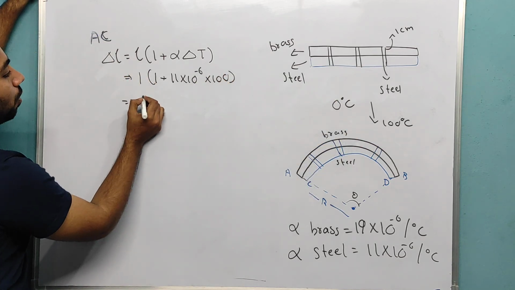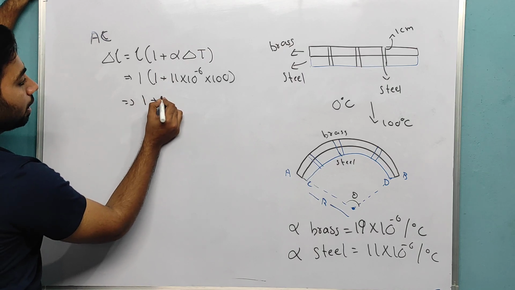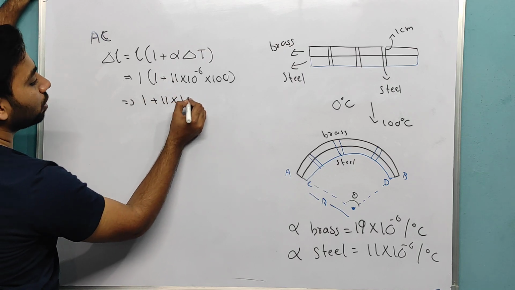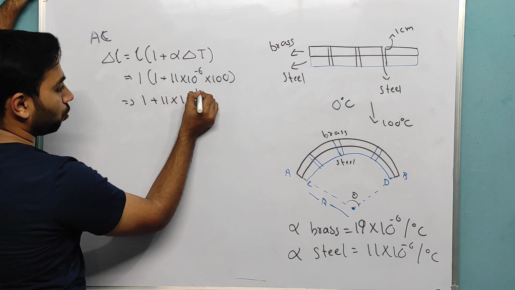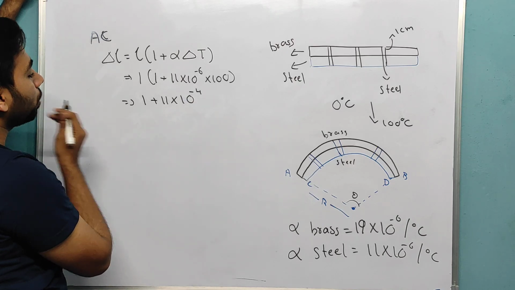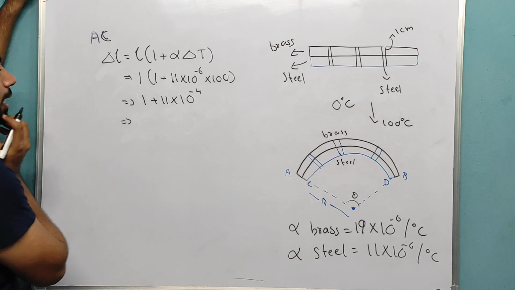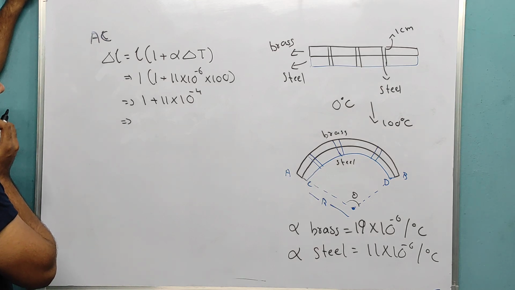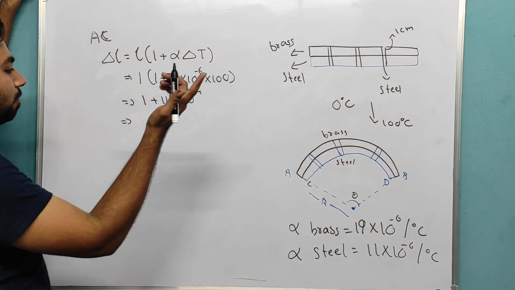So what I will get is 1 plus 11 into 10 to the power of minus 4. For this, how can I write? Let me do my simple thing.